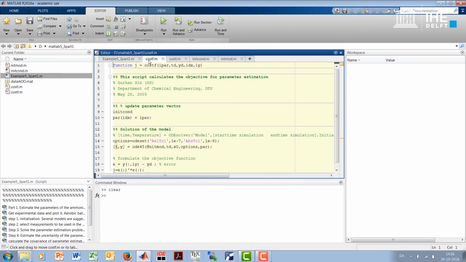The costf.m includes the cost function for the fminsearch algorithm. The costl.m includes the cost function for the lsqnonlin algorithm. This is used to verify the solution of fminsearch and to provide the Jacobian matrix, which is used to compute the covariance matrix.